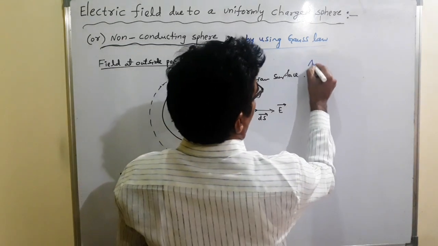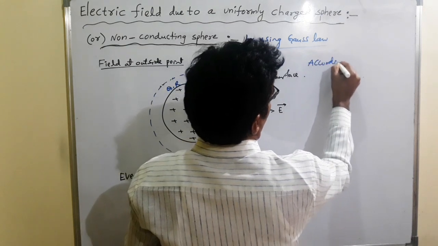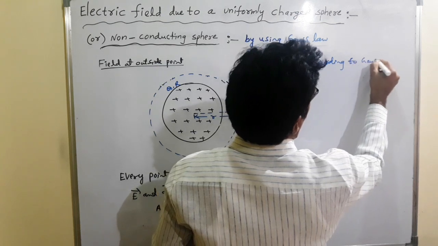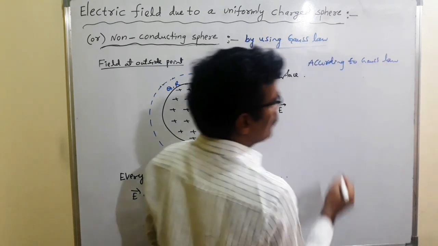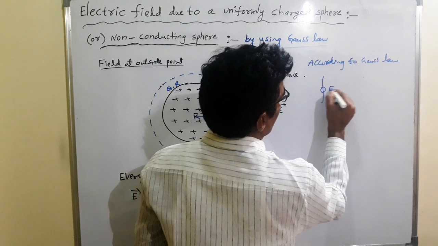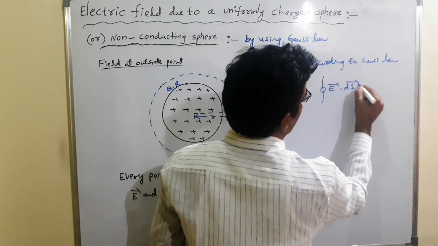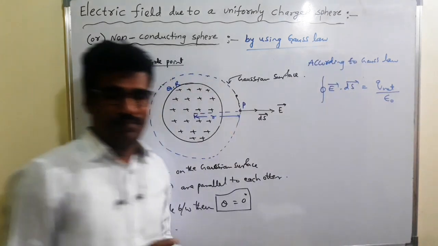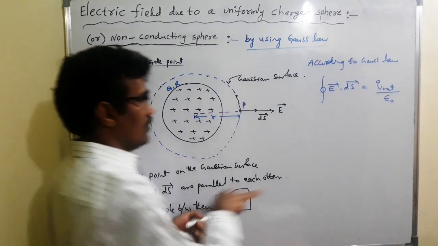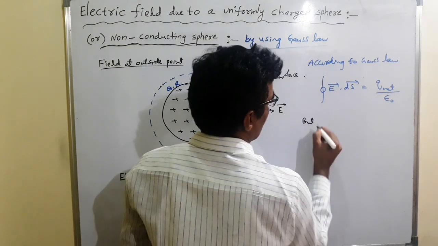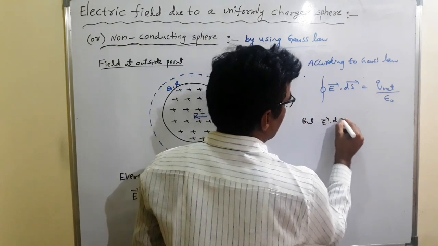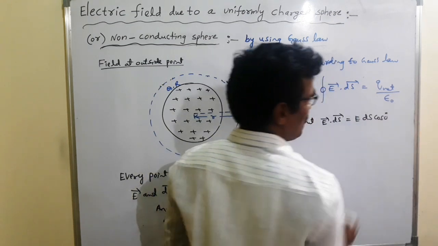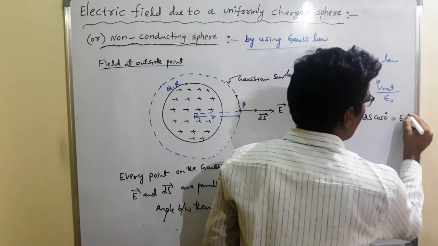We know that according to Gauss law, integration E bar dot ds bar is equal to q net by epsilon naught. But listen carefully. E bar dot ds bar is equal to E ds cos 0, which is equal to E ds.